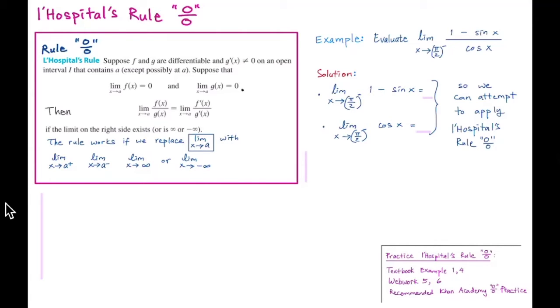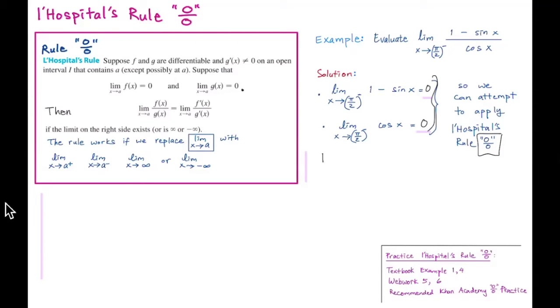So in our example, we have already computed the limit of the top function to be 0 and the limit of the bottom function to be 0. And these two functions are also differentiable. So we can attempt to apply L'Hopital's rule. And 0 over 0 tells us that these two limits are 0.